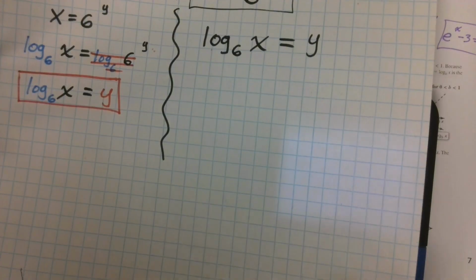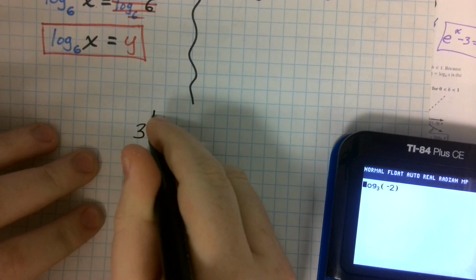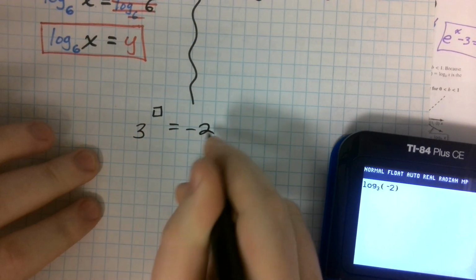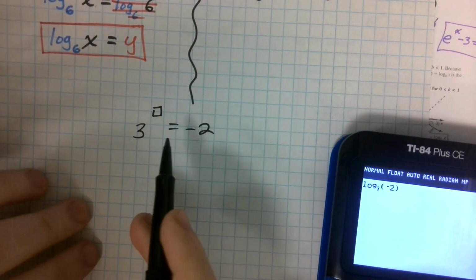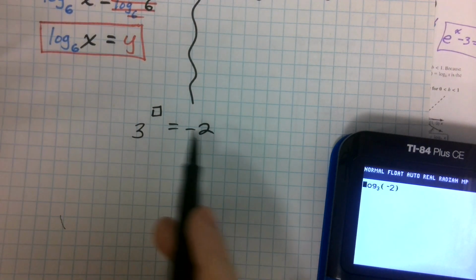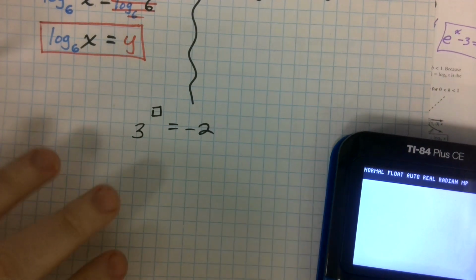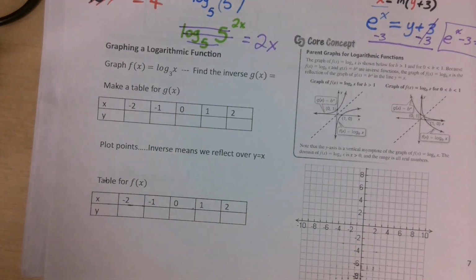A logarithm is just another way of writing an exponential. This is saying 3 to the something power equals negative 2, but that's just not possible. Nothing to an exponent that's positive will ever be a negative. It's not possible for some numbers. So we can't just plug in numbers that we want like we have everything else. We need a new method.